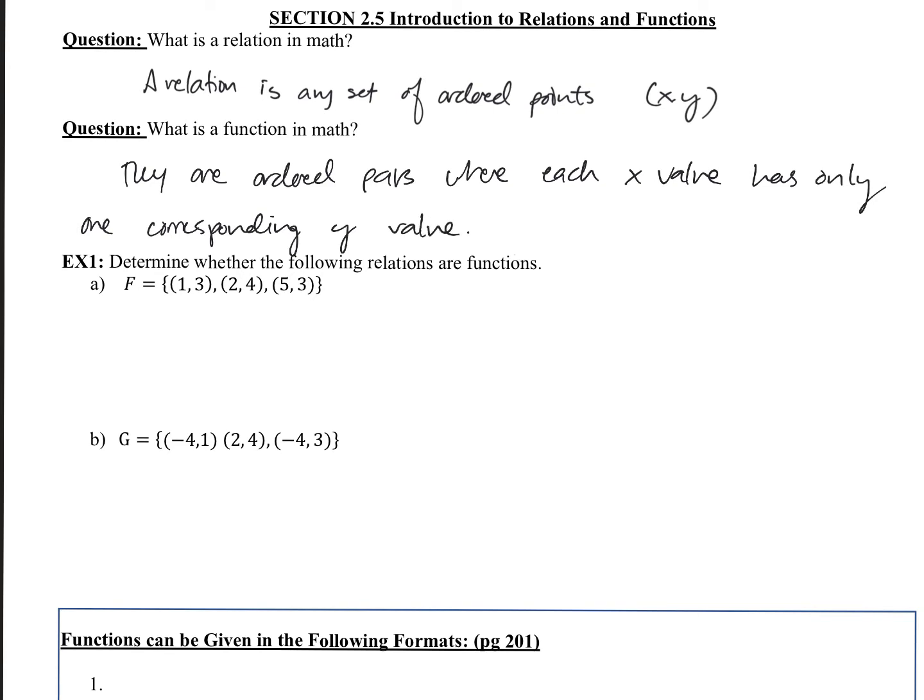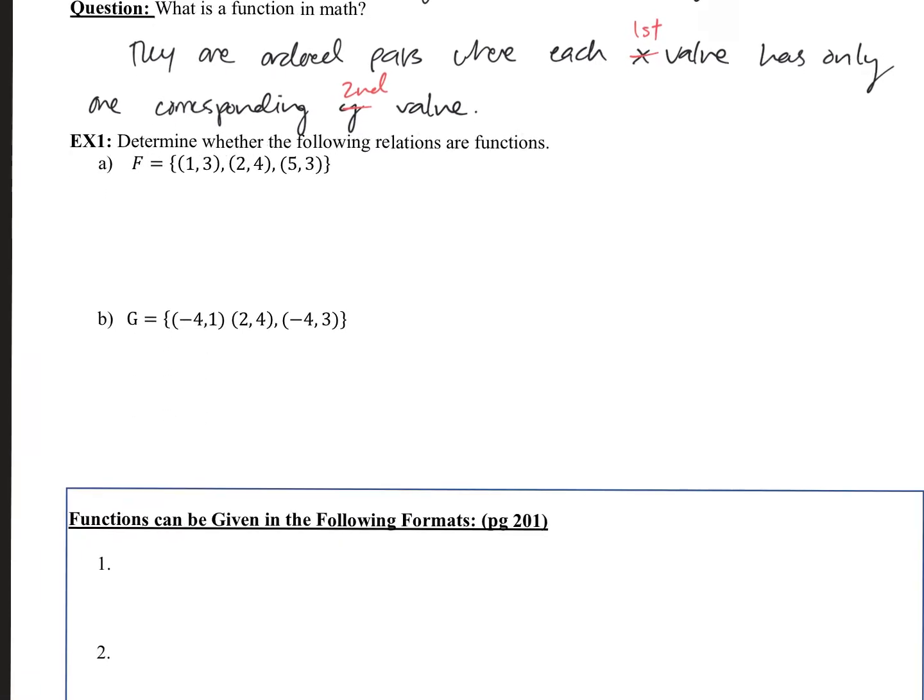Now this is specifically when we're talking about an x and y, so if you wanted to be more generic, you could say where each first value has only one corresponding second value. But usually with math, we're talking about an x and y relationship, or at least in this class, we are doing that.